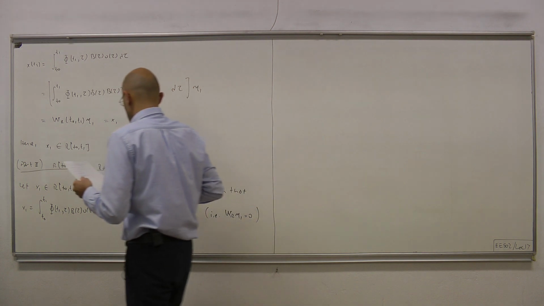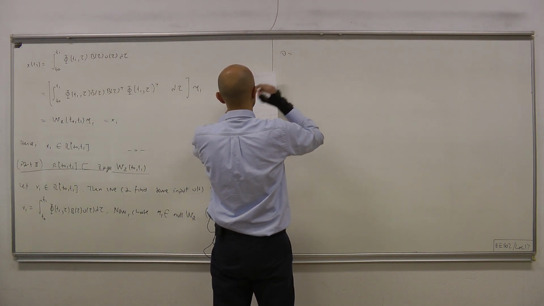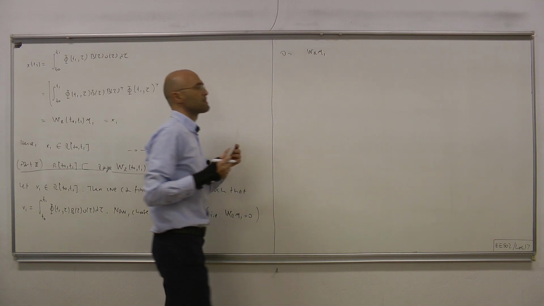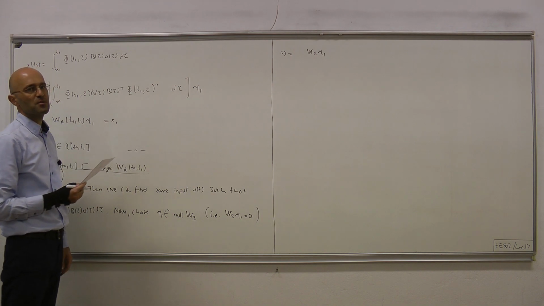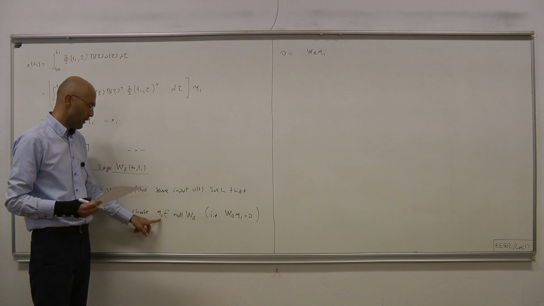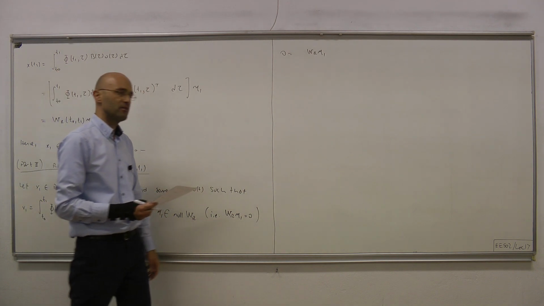Okay, now then we can proceed as follows. 0 equals W_R times eta1, because eta1 is an arbitrary vector that belongs to the null space of the Gramian W_R.